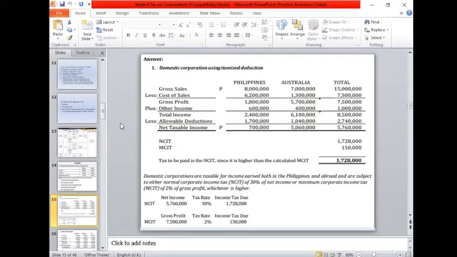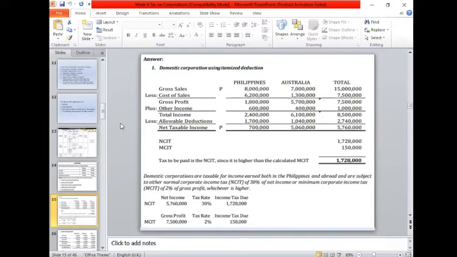Therefore, the net taxable income is 5,760,000, a combination of the net taxable income in the Philippines and Australia. Since the net taxable income is 5,760,000, let us compute for the normal and the minimum corporate income tax.